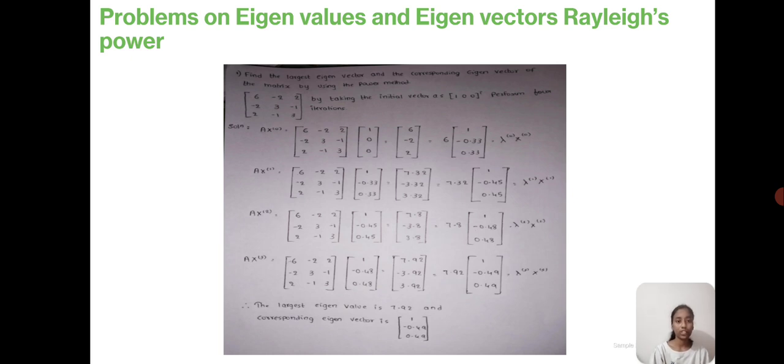Moving on to the third iteration, Ax² is equal to the given matrix into (1, −0.45, 0.45), which is (7.8, −3.8, 3.8).